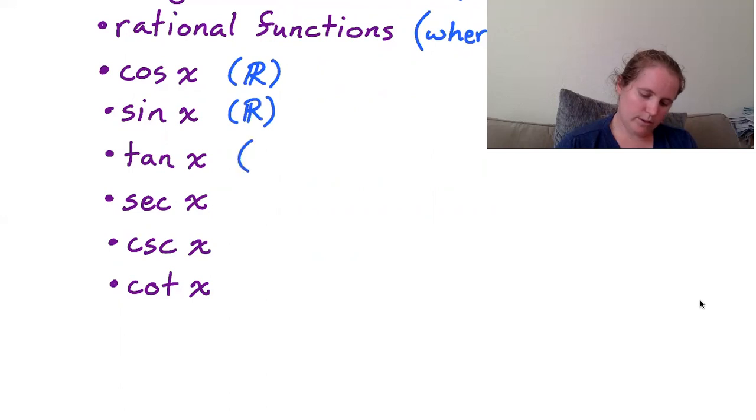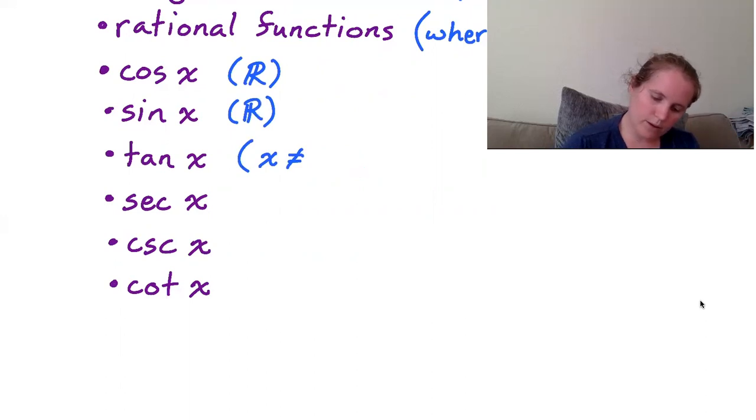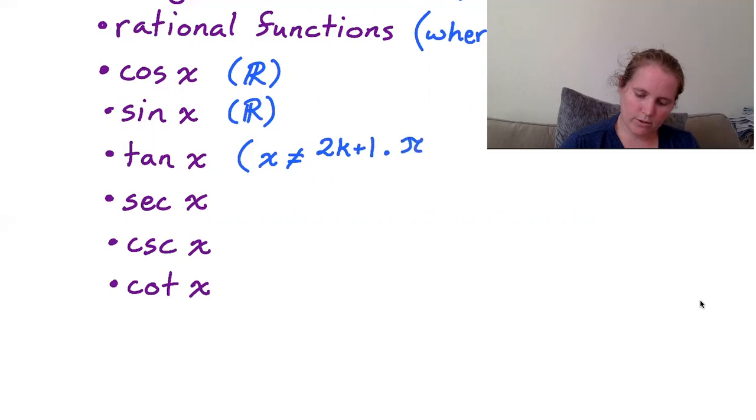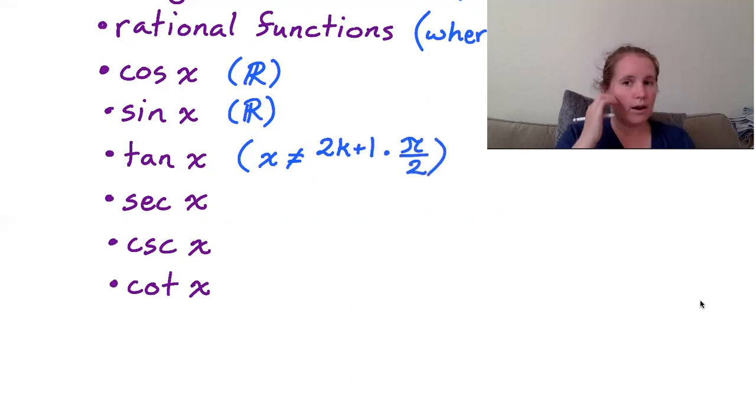So for this, we just have that x is not equal to, sorry, pi over 2, and it's the odd multiples. 2k plus 1 times pi over 2 gets us all those odd multiples of pi over 2.